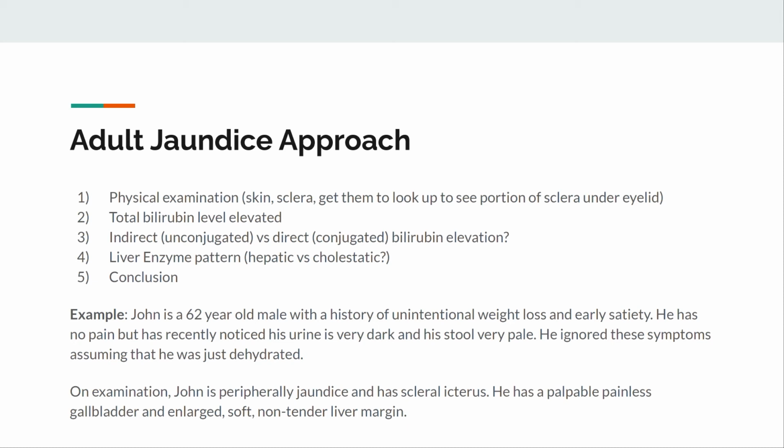They convert it to another form, of which a certain amount will be reabsorbed through the bowel back into the liver, and that constantly gets recycled. And then some of it will stay, get oxidized, and form stercobilin, which gives feces its brown pigment.